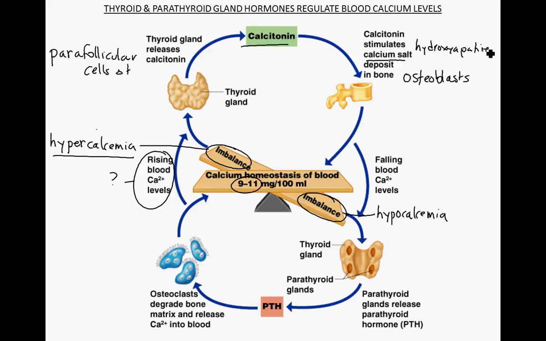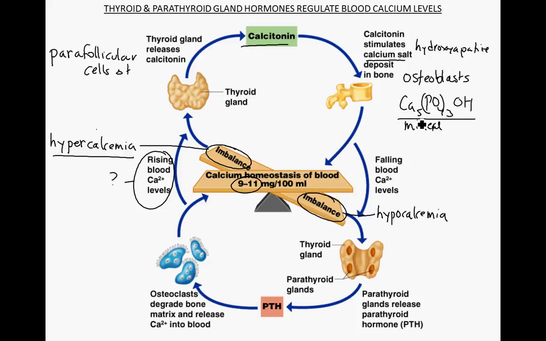This is the hydroxyapatite, Ca5(PO4)3OH. So this is a salt, a metal and a non-metal salt, and then it has this hydroxy group on here again. But this is the hard mineral part of the bone.